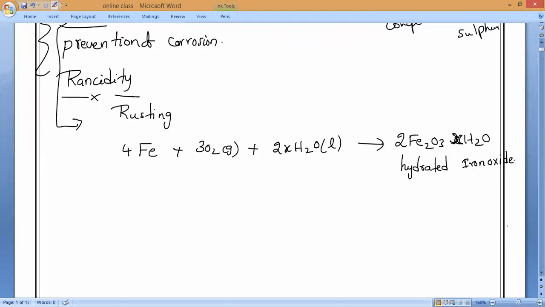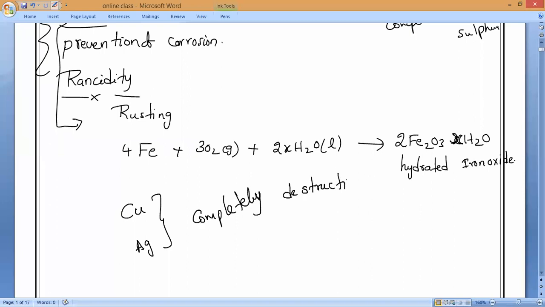Now after this, copper metal, and after that I told you silver metal. All these 3 metals will be completely damaged. They will be destroyed, or eaten up by the reaction of atmospheric gases.